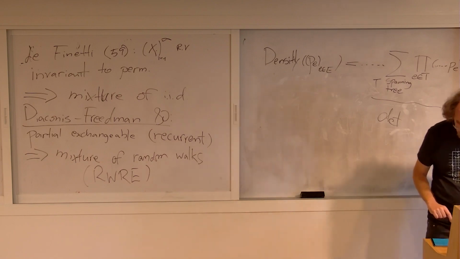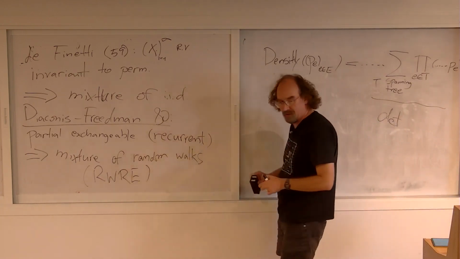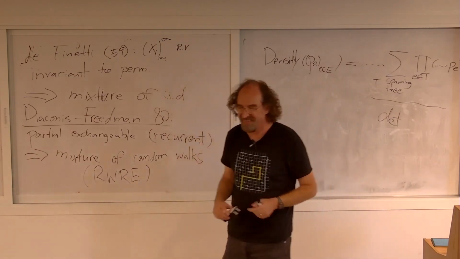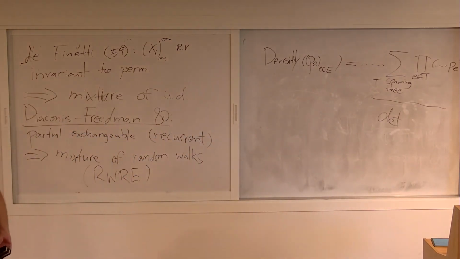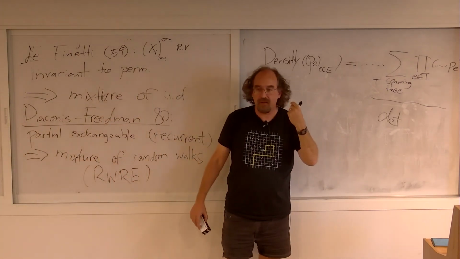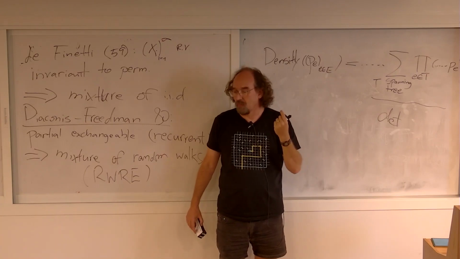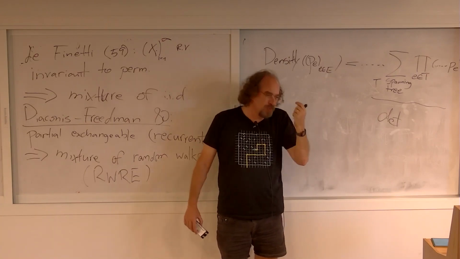Okay, so more or less 20 minutes have passed, so now I can tell you what's the relation to Anderson. The relation is through this formula: if you look at the Green function of the Anderson model, it has a similar formula. In fact, it has two similar formulas.